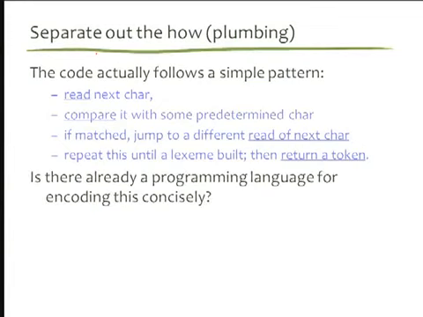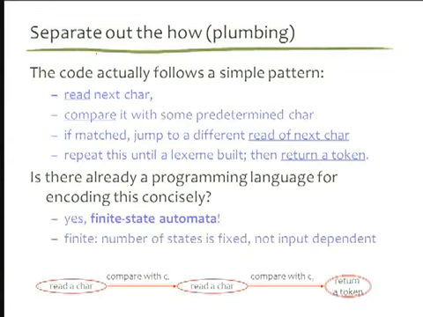And yes, there is such a model. It's finite state automata. How would you know? Well, you look at the code somewhat differently, and you will see that in every state of the automata, we read a character, then we compare it with C1. If it is C1, we make a transition here. If it is some other character like C2, we make a transition into a different state. And then we repeat it until in some state we say, oh, return a token, because by now we have identified the entire lexeme.